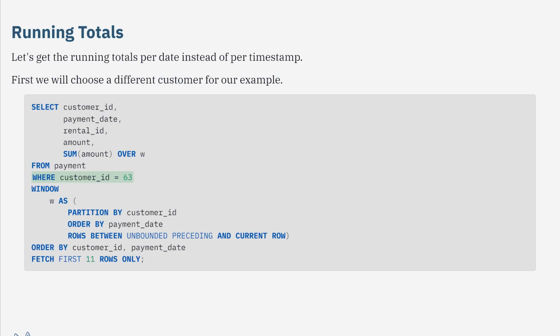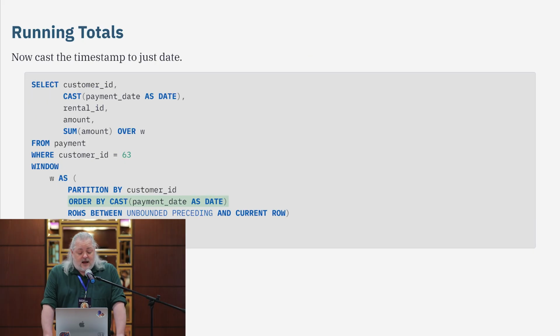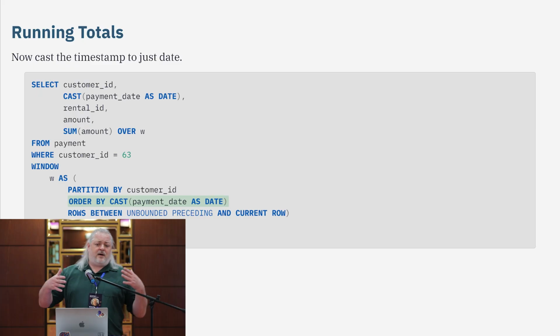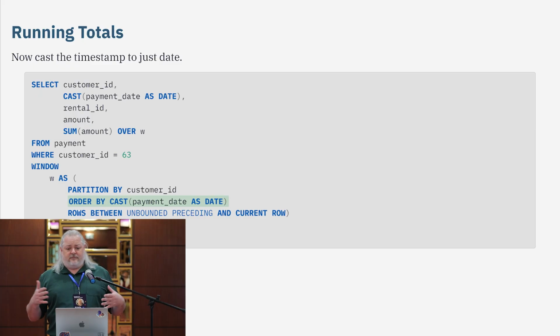For this one, I'm going to switch to a different customer. I'm doing customer 63. The rest of the data is the same, but this one has something that'll be interesting to see. I want to do this by date instead of by timestamp, because in my financial report, I don't actually care what time the person made the payment.